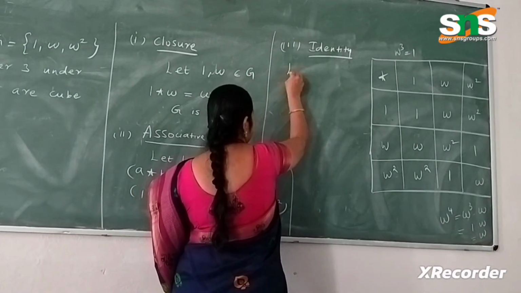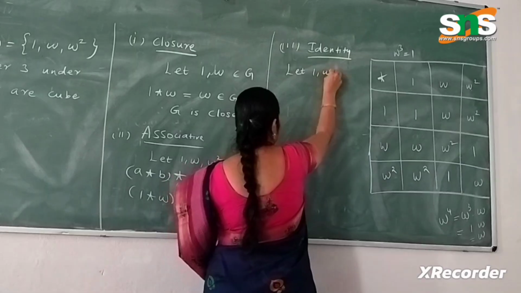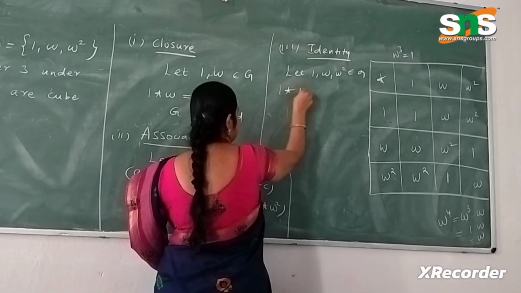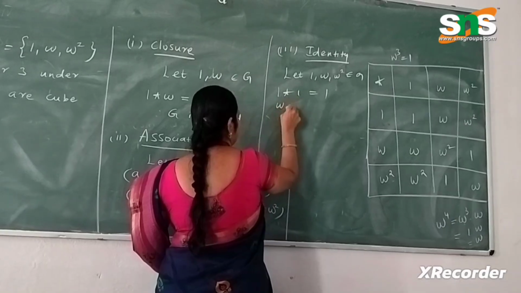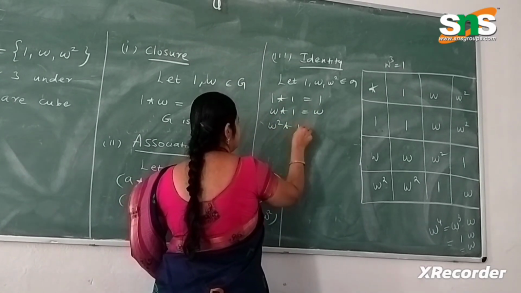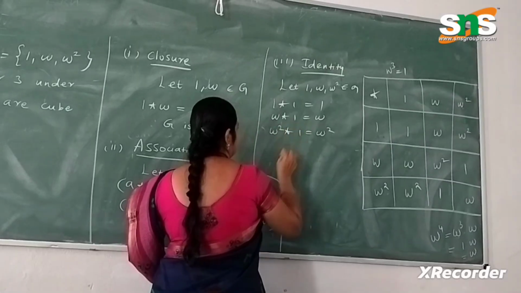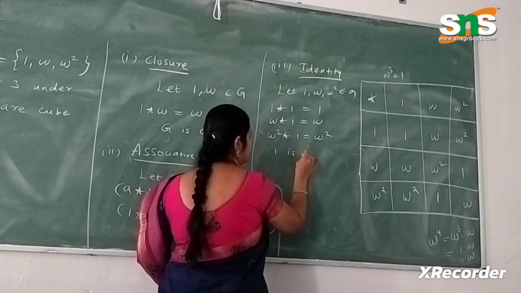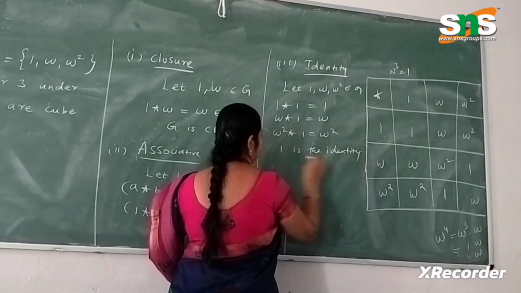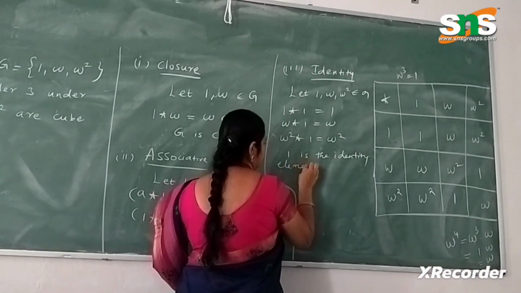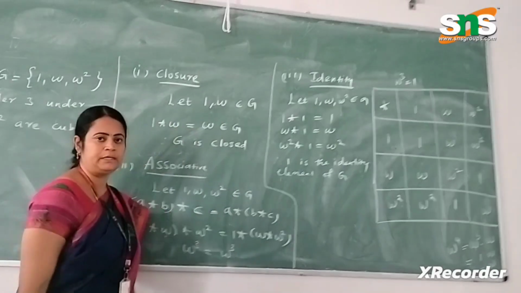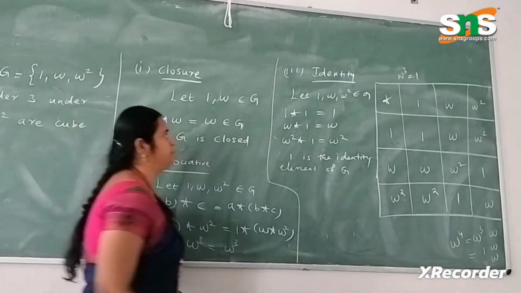So we take all the 3 elements 1, omega, omega square belonging to G. Therefore 1 into 1 is 1, omega into 1 is omega, and omega square into 1 is omega square. Therefore 1 is the identity element of G. Whenever you have multiplication, 1 is the identity element.